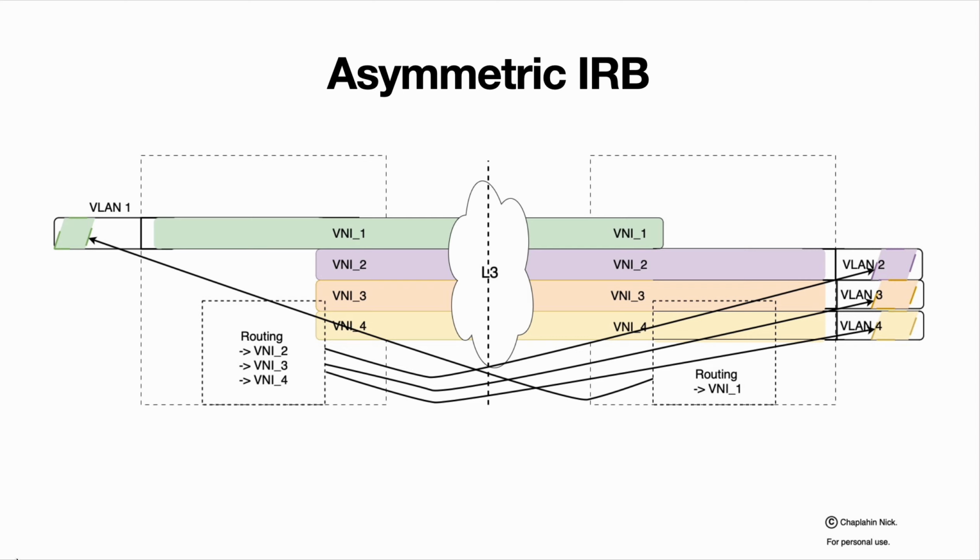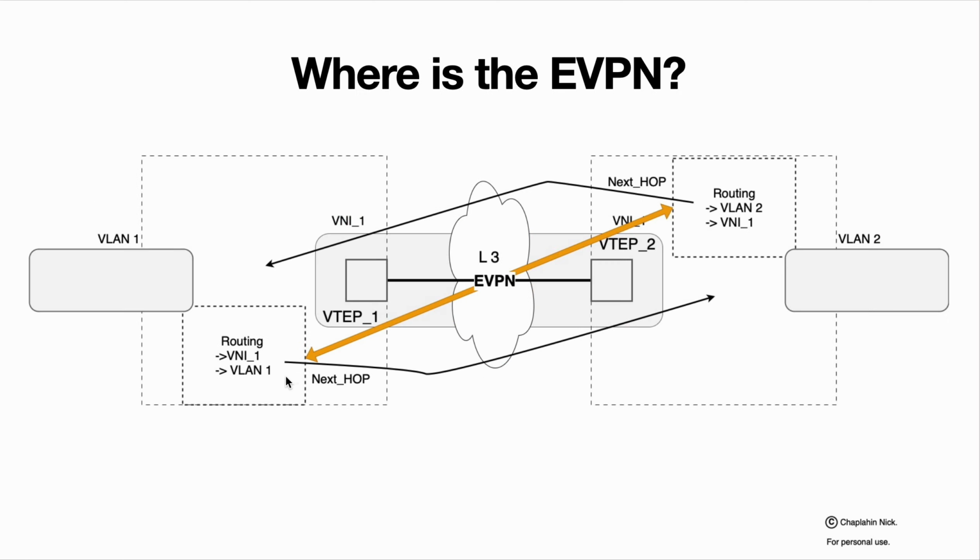And the question appears: where is EVPN here? EVPN manages routing data and routing operations. Since VxLAN is designed to process not only L3 traffic but L2 traffic too, and L2 traffic doesn't have IP information, we need an additional feature that allows routing based on MACs or VLANs.